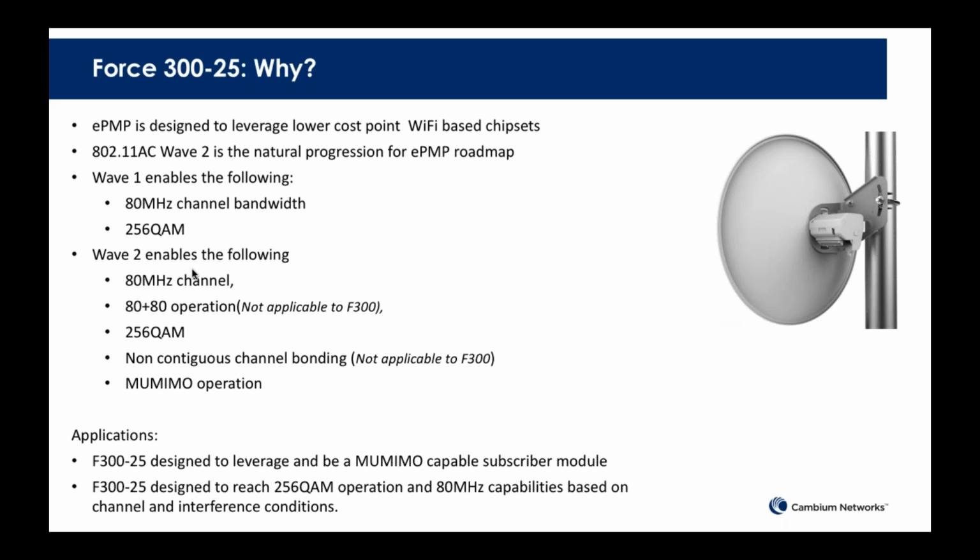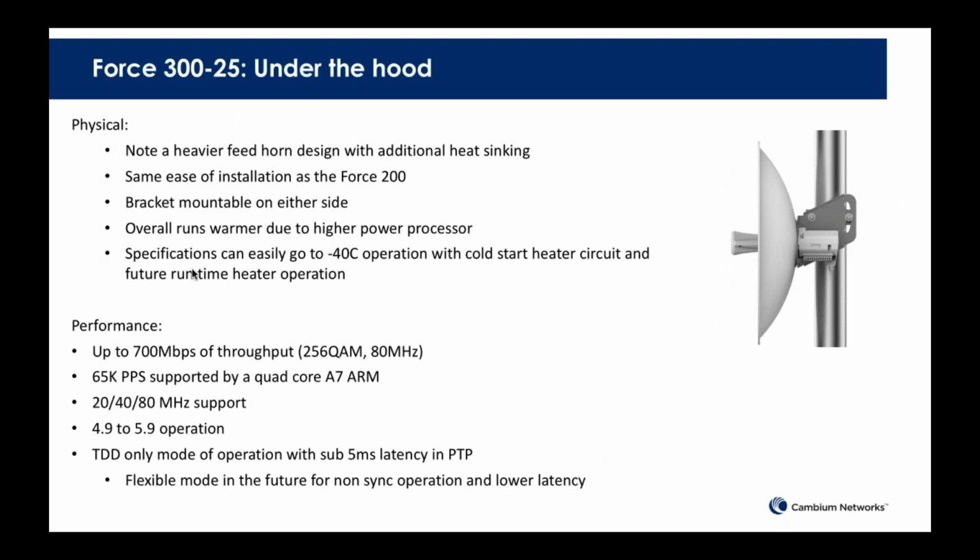But the most important thing, it brings you multi-user MIMO operation. Multi-user MIMO is very important if you want to use the Force 300-25 in a point-to-multipoint scenario as a subscriber model, and I will explain a little further why that is so important.